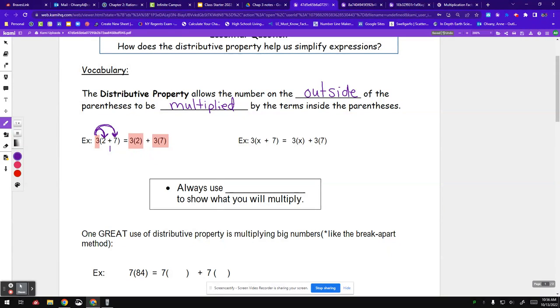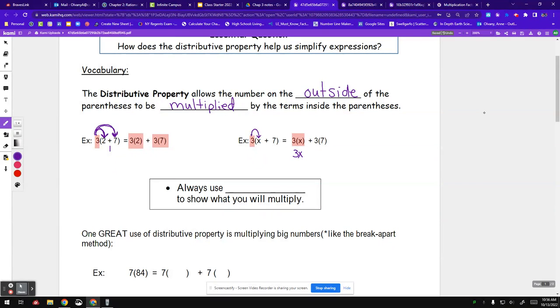When you have a variable, it looks like this. Again, there's a number right next to a parenthesis, no operation signs between it, number parenthesis. So you're going to multiply 3 times x, which just looks like this, or honestly, I would prefer it to be this.